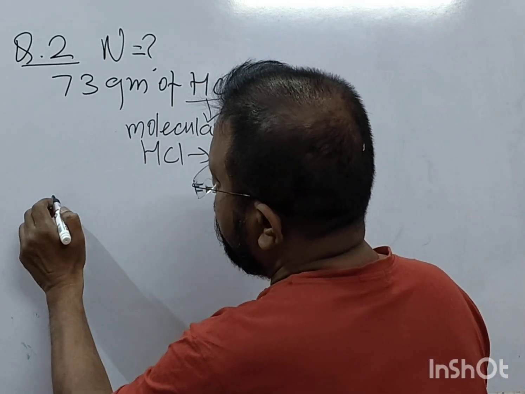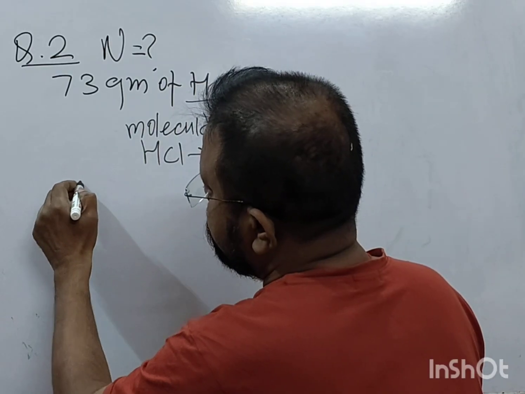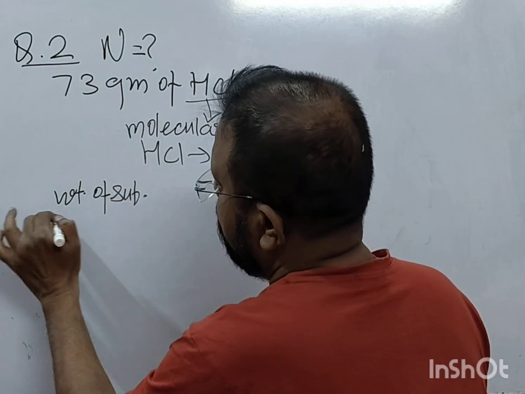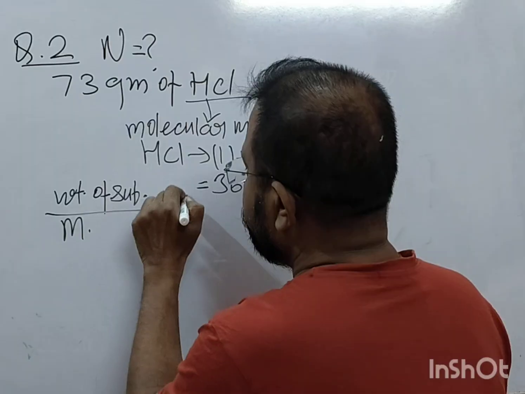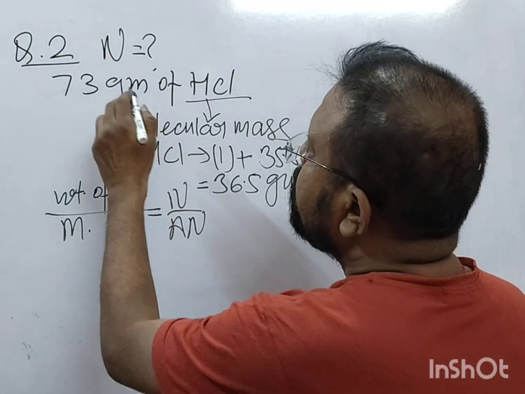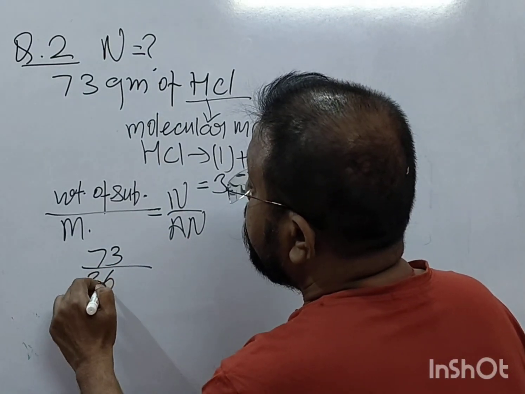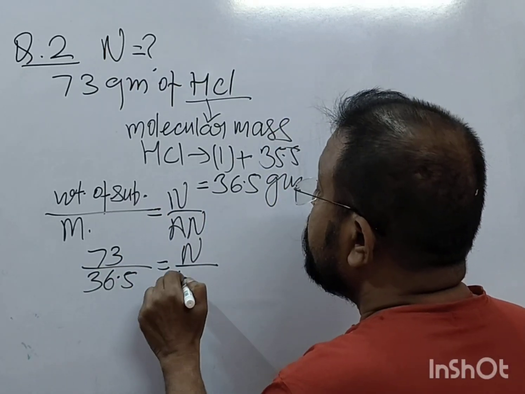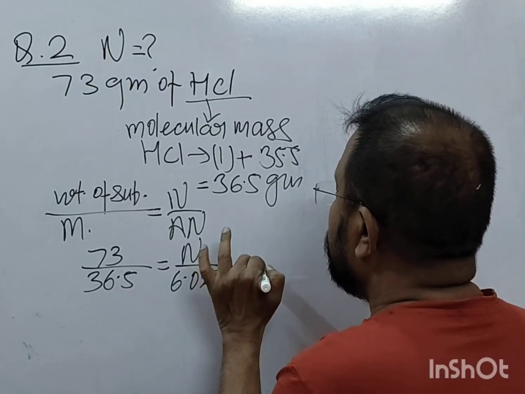And we know that weight of substance upon molar mass is equal to number of particles upon Avogadro number. So it is 73 upon 36.5 is equal to n upon 6.0223 into 10 raised to the power 23.